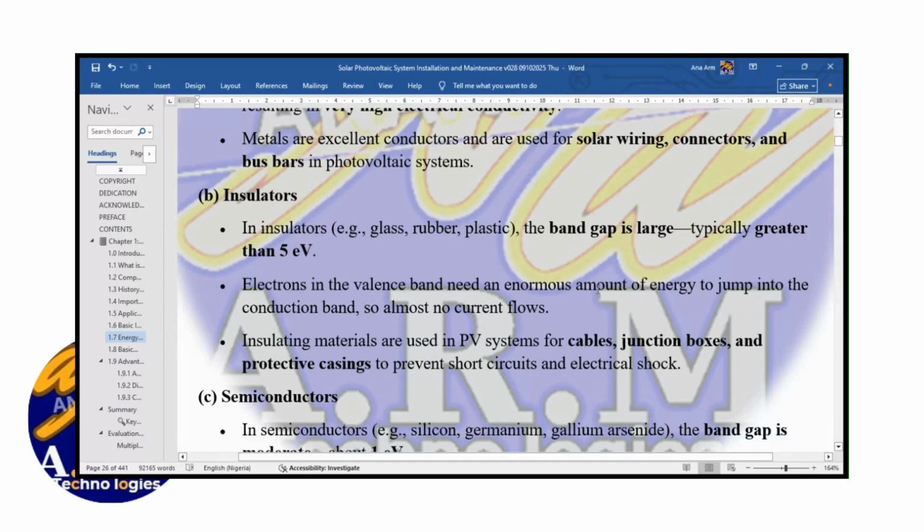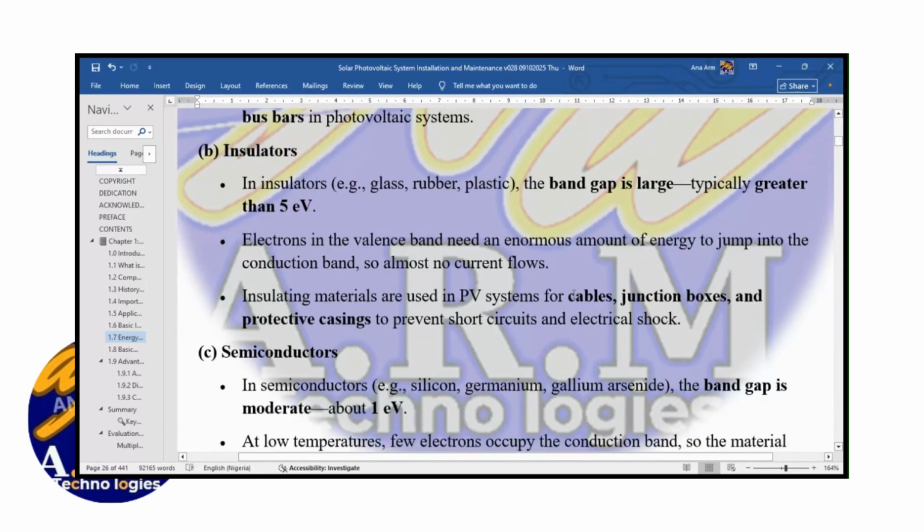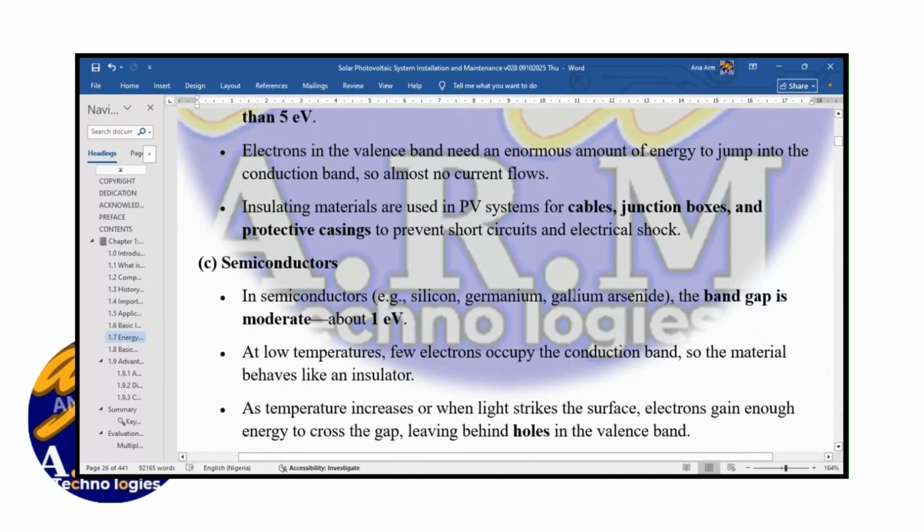Electrons in the valence band need an enormous amount of energy to jump into the conduction band, so almost no current flows. Insulating materials are used in PV systems for cables, junction boxes, and protective casings to prevent short circuits and electrical shock.